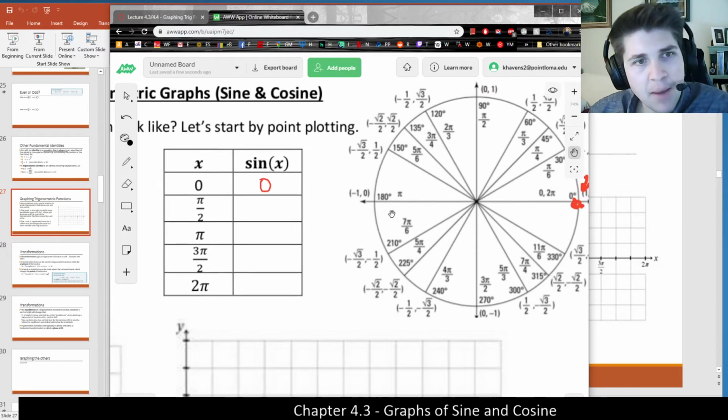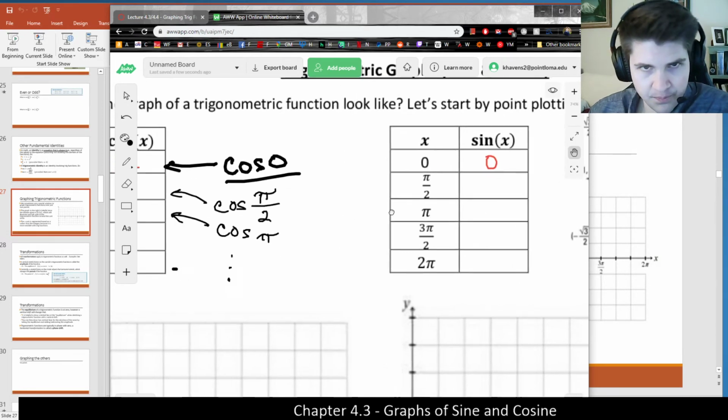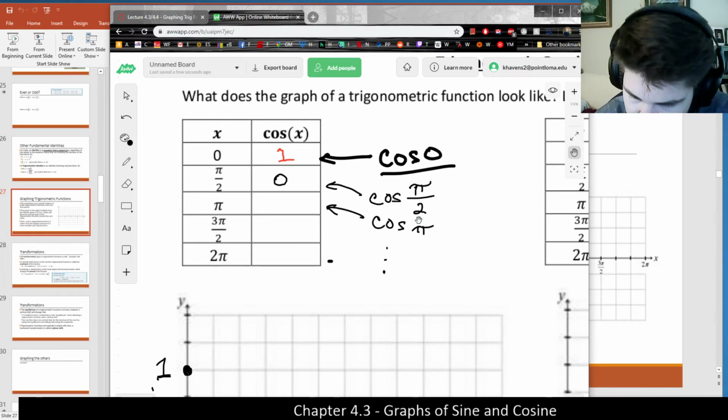So at pi, cosine is -1. At 3 pi over 2, cosine is back to 0. And when I come back to 2 pi, cosine is back to 1. So kind of looking at that, basically I'm using each of these 4 key points to start and create my graph.